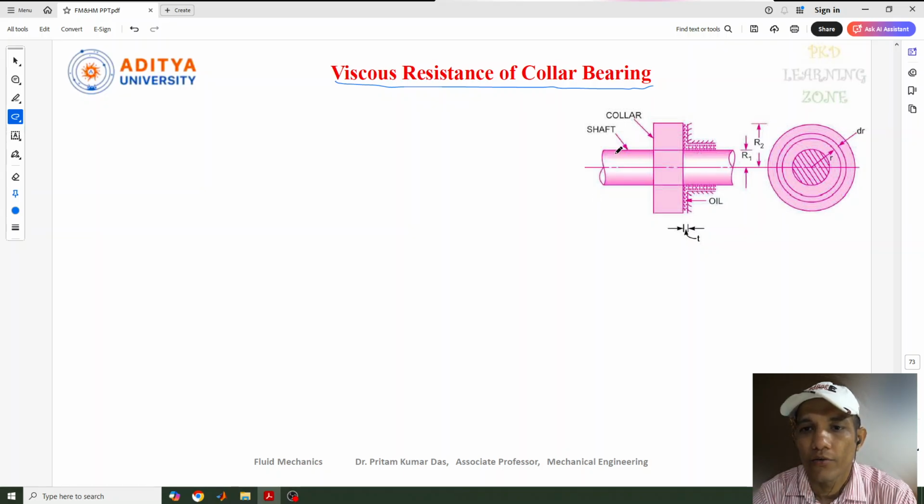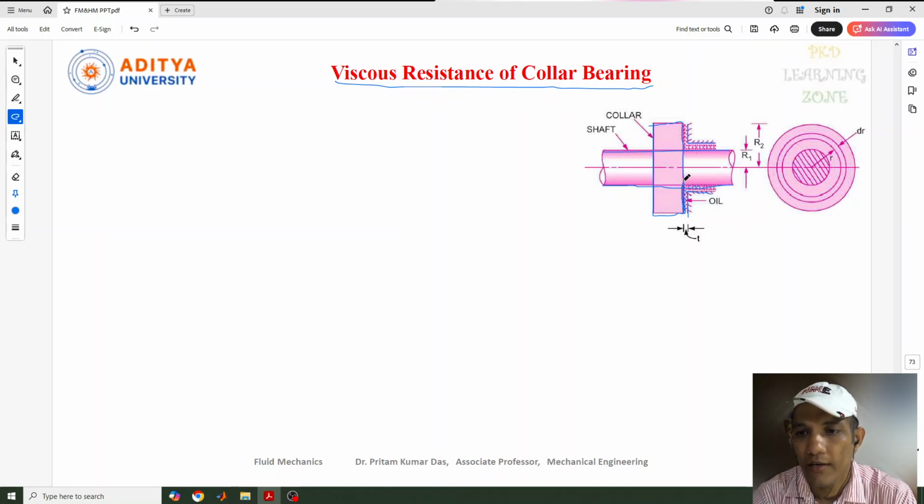Here the shaft is attached with this collar, and the collar and bearing are separated by a fluid, which is nothing but an oil film. The bearing is fixed, and this is the oil film, the thickness between the bearing and the collar surface.